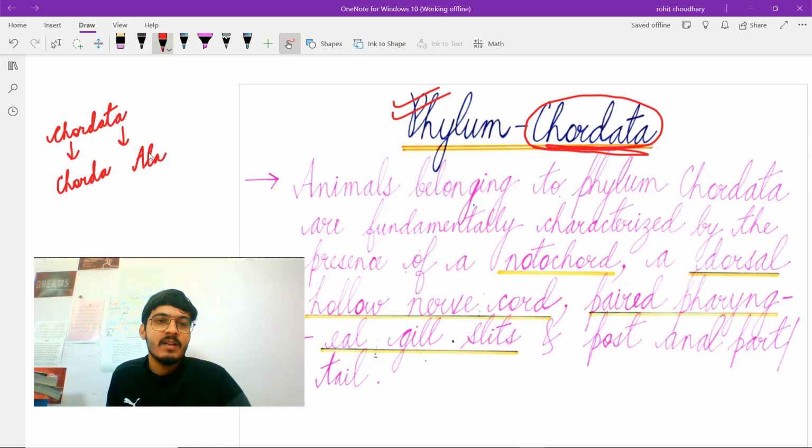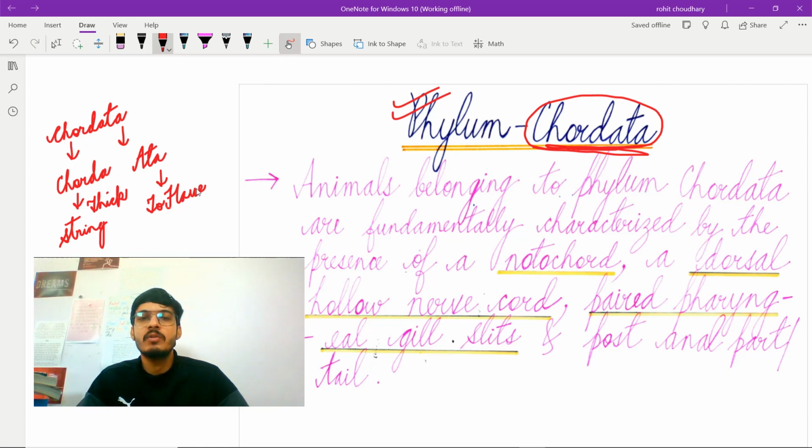Chorda means thick string, and eta means to have. Overall, it includes all the animals which possess a notochord.